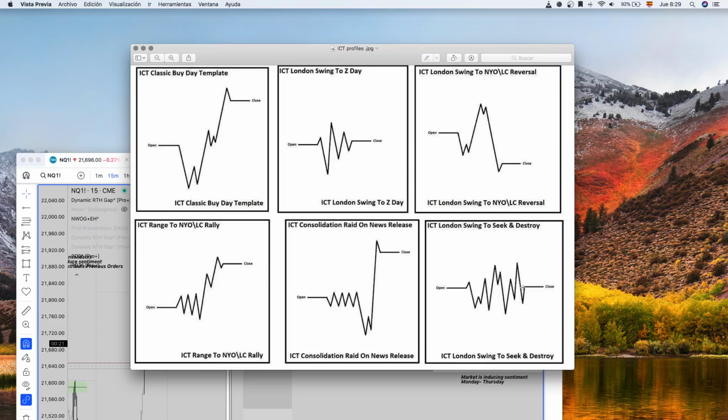I don't recommend this, but basically you are looking for the opposite sides of the range, and you are looking to take the liquidity from the opening range, from the first 30 minutes of the session. You are going to take the high, and then you are going to take the low, and the market is going to consolidate between that specific range. And you can take little scalps here.